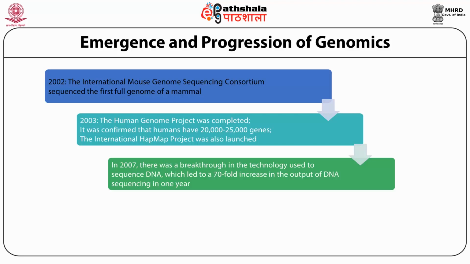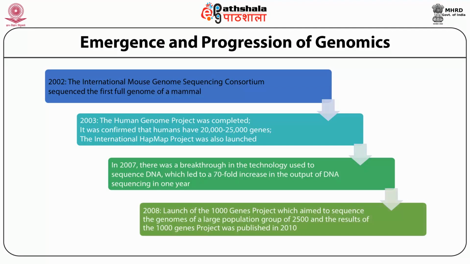It was here that in the field of genomics, a 70-fold increase in output of DNA sequencing in 1 year was achieved with the help of next-gen sequencing. All these developments together led to the launch of the 1000 Genomes Project in 2008, which aimed to sequence genomes of a large population group of 2,500.